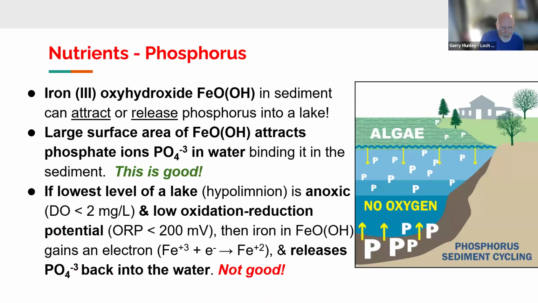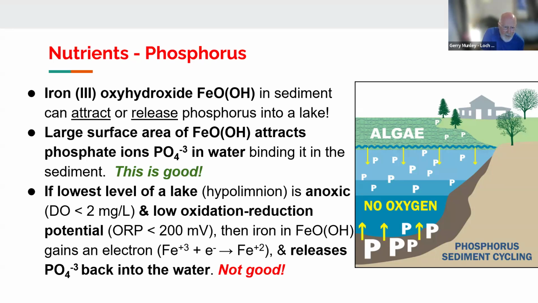Next slide. And iron is naturally in your lake, and there are iron compounds. Actually, iron is just so prevalent throughout the world in water and in soils. And this particular compound of iron can both attract and release.